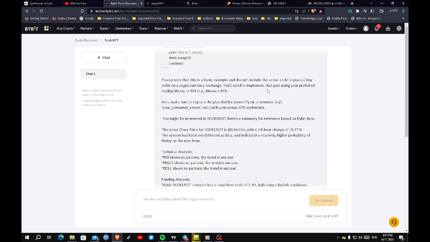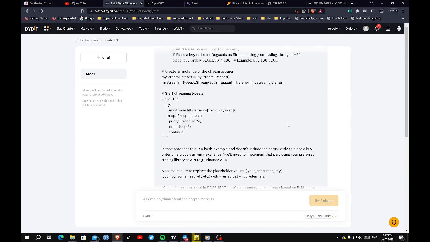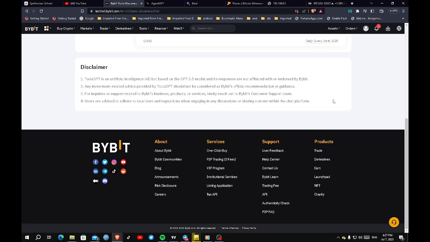So you need to implement that part using your preferred trading library or API, for example the Binance API. Make sure to replace the placeholder values, your consumer key and your consumer secret, with your actual API credentials. But at least it gives us code that is enough to try something with.